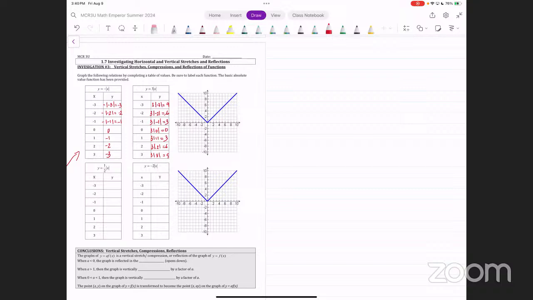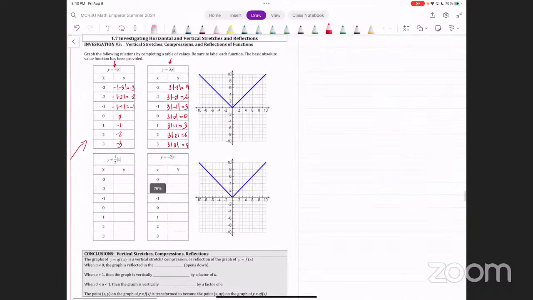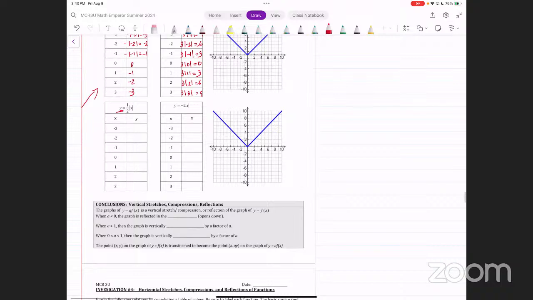So we talk about this. The number outside, if it is a -1, is going to reflect on the x-axis. And then this number, if it is greater than 1, is going to be stretched by a factor of 3, right? Now, this one, it's going to be wider. If you do the math, you can see the graph is going to widen. So wider because it's less than 1. The number in front is less than 1, right?